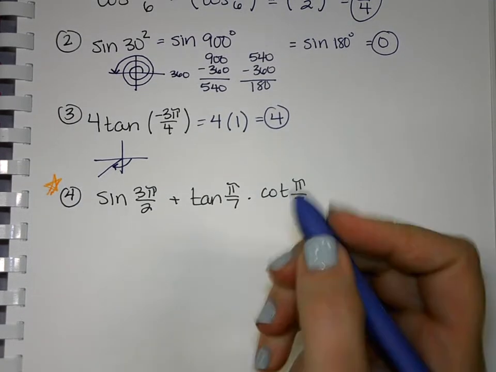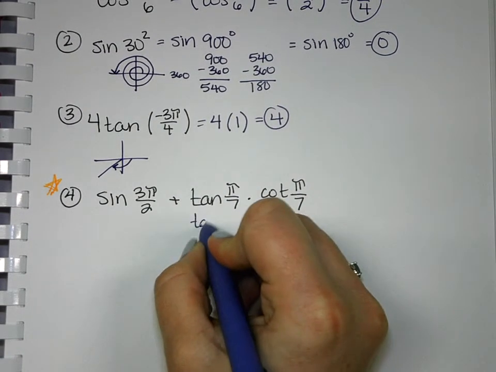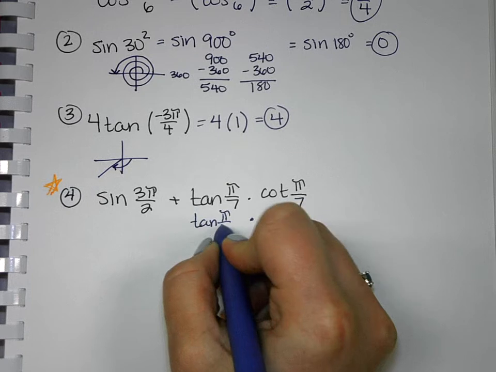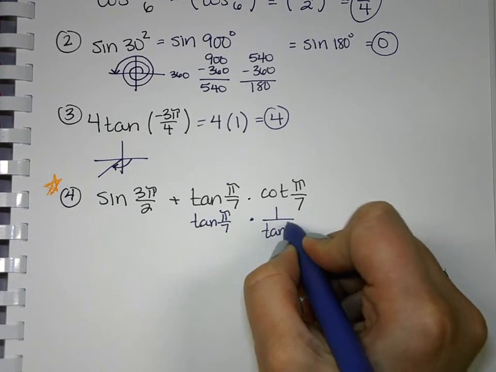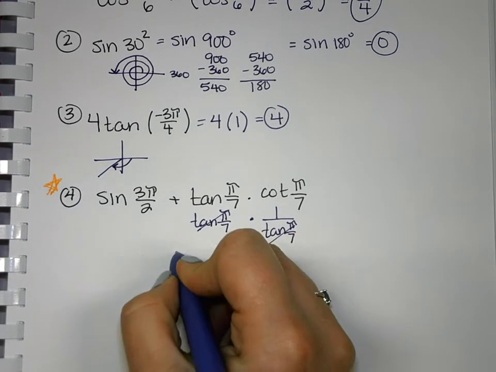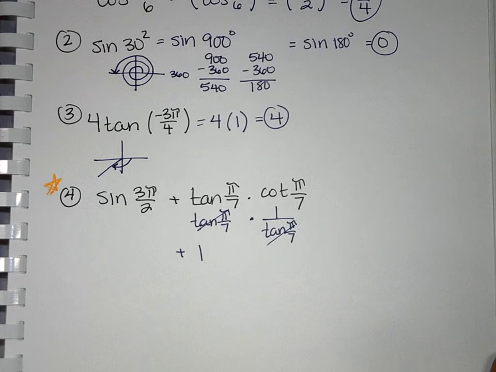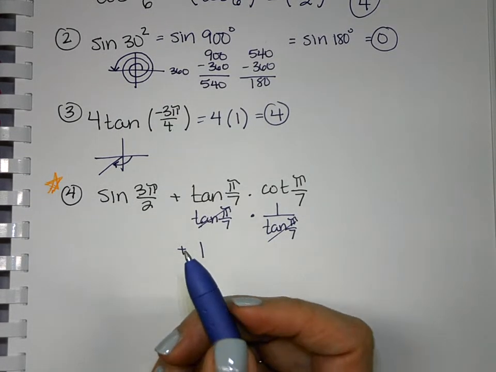Well, tangent of pi over 7 times its reciprocal. So cotangent, we can write that as 1 over tangent. So what happens is these cross cancel, giving us a plus 1. And then we can look up what is sine of 3 pi over 2.